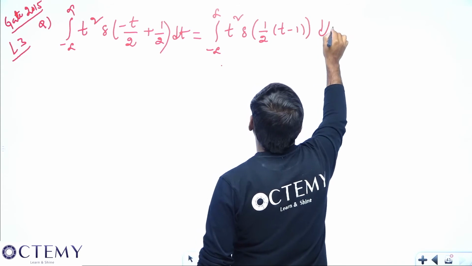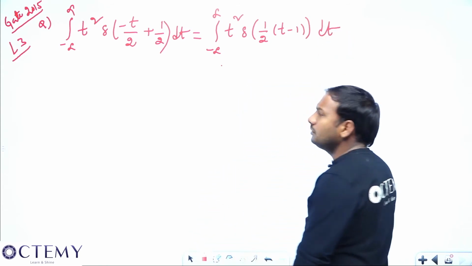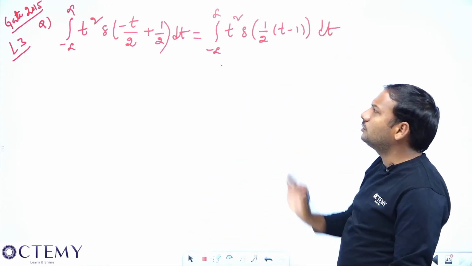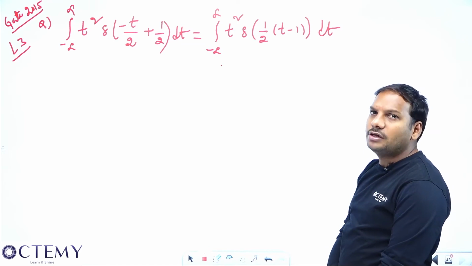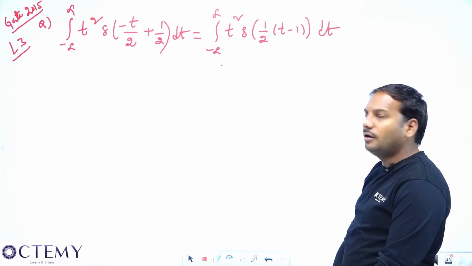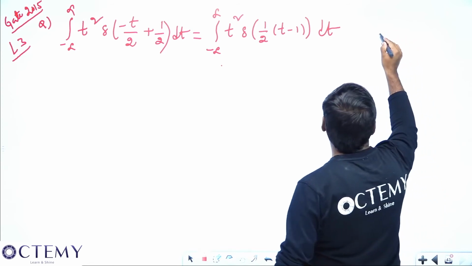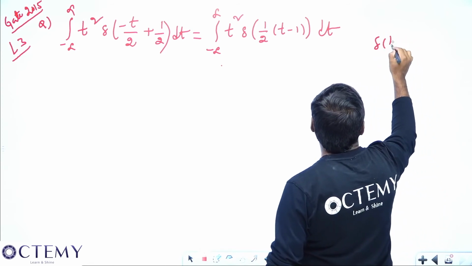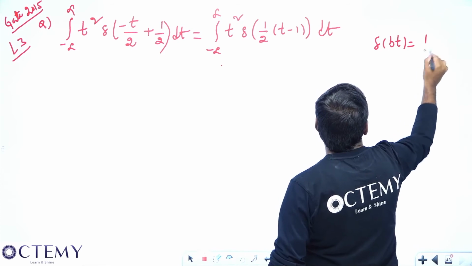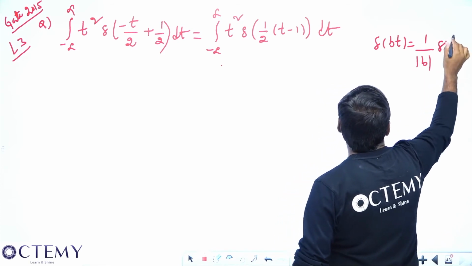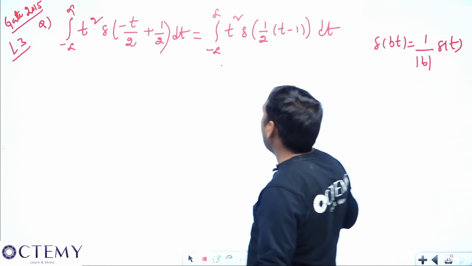That's it. You can take out the minus, no issues, because it is even function. Impulse function is even function. Already I explained this. So now you know del of bt property. You apply del of bt, it is simply 1 by mod b del of t. This property I will try to apply here.